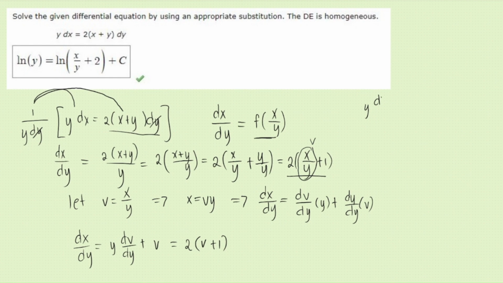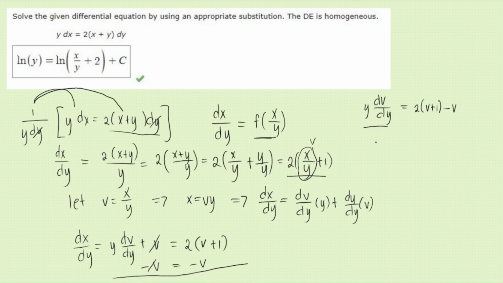We can subtract v from both sides of the equation, so this one cancels out, and we have 2 times (v plus 1) minus v remaining. So that's it, subtracting v from both sides of the equation.